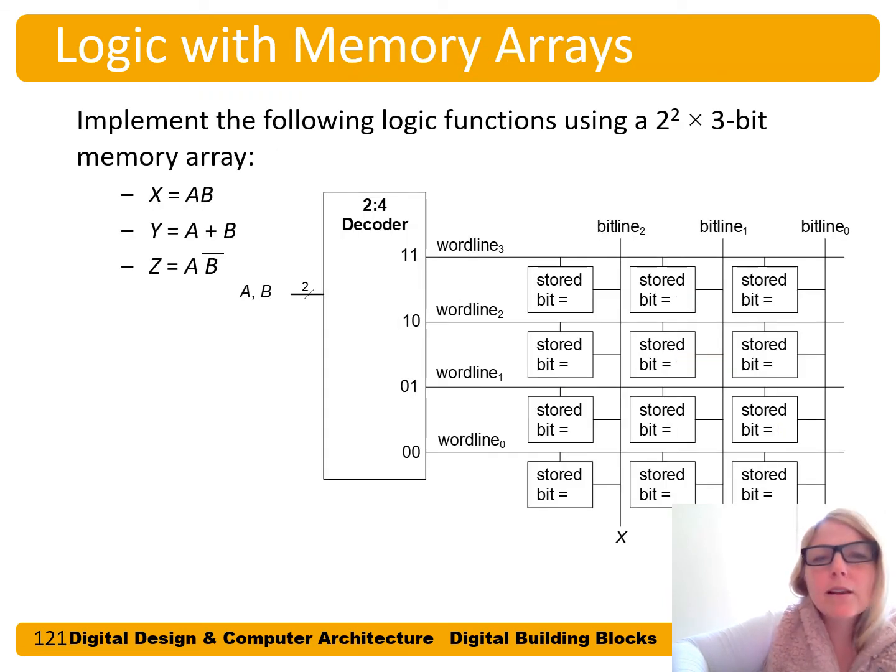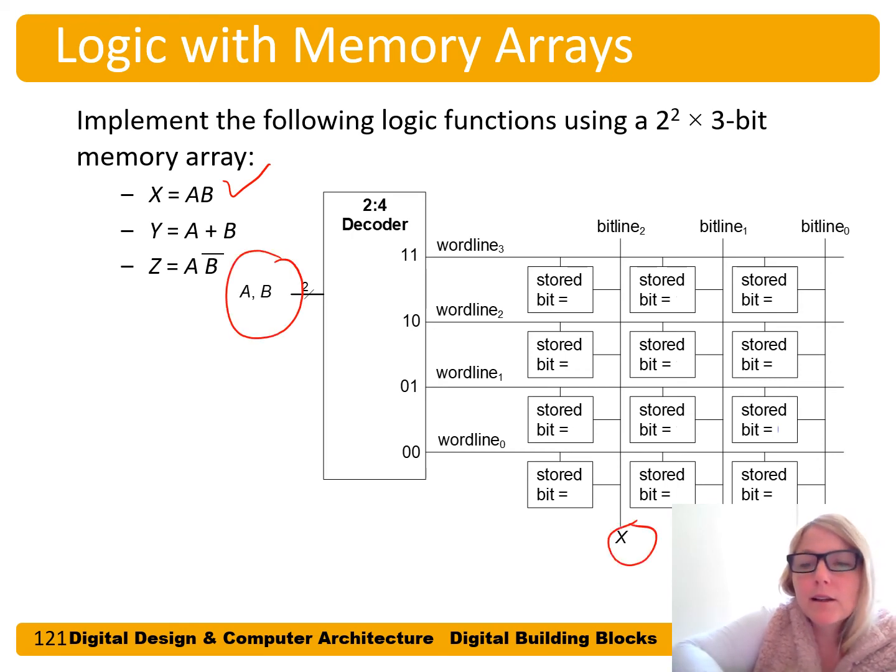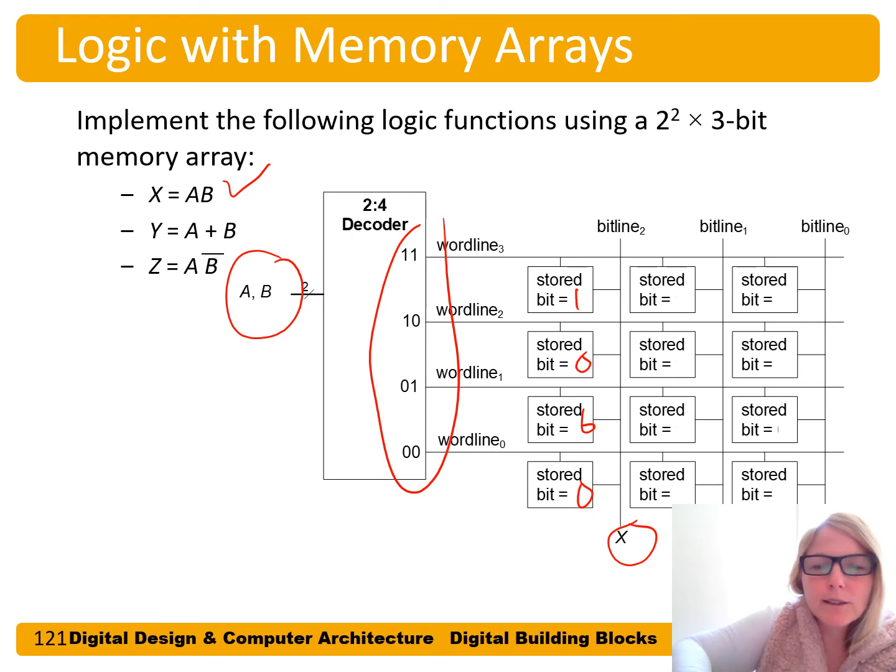So we could implement the following logic functions using actually any memory array, so DRAM, SRAM, or ROM, just depending on what bits we're storing. X equals A and B. Well, here's our X. We connect our address inputs to A and B, and we get 1, 0, 0, 0. This is written with 0 on the bottom.